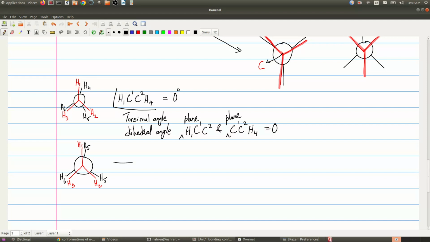This is an eclipsed conformation, and if we rotate this by 60 degrees, it gives rise to a staggered conformation.